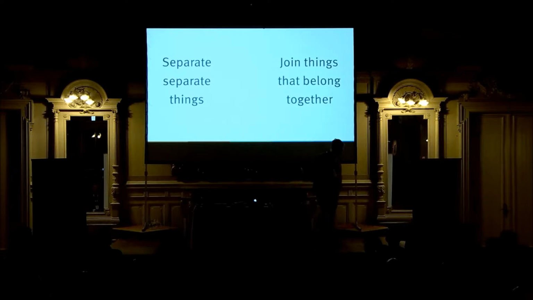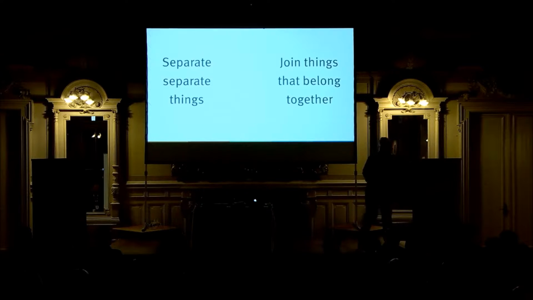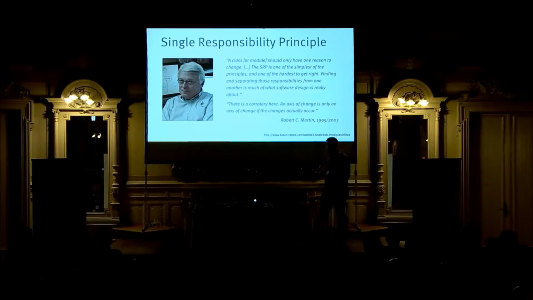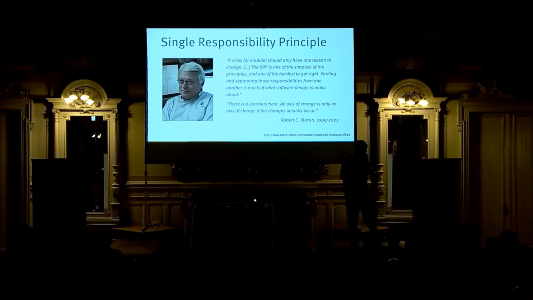The separation idea has become mainstream. The idea of having a separation of concerns, or as this dude calls it, the single responsibility principle, is a very common thing. The single responsibility principle, I believe that term actually comes from Bob Martin. Originally it was applied to a class or a module, but you can view it more generically.